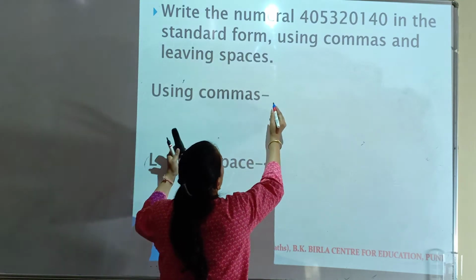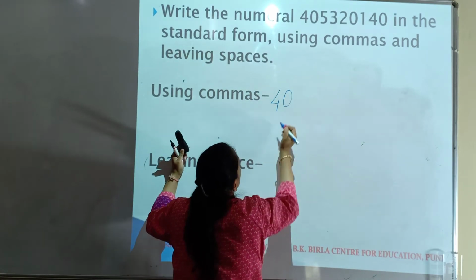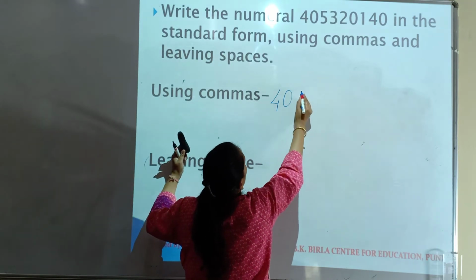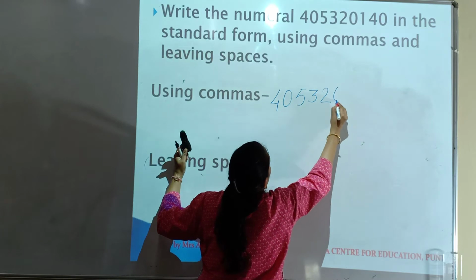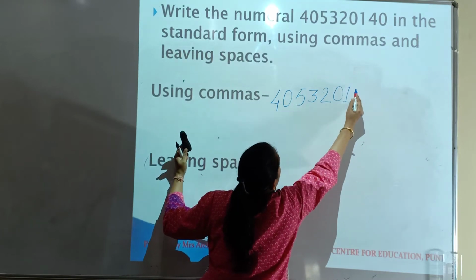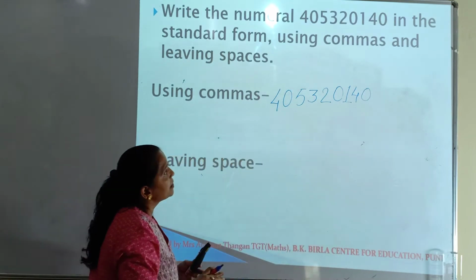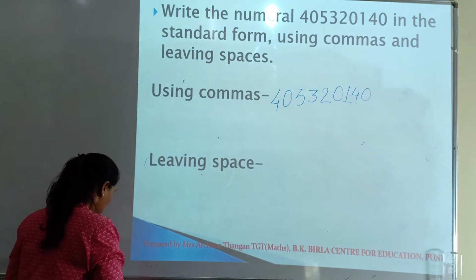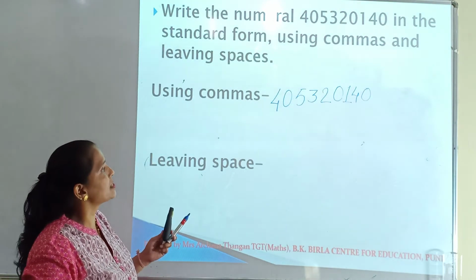The first way is, first I am going to write this number as it is. This is 4, 0, 5, 3, 2, 0, 1, 4, 0. Okay. This is the number, the same number I copied. The next step is we have to put a comma according to the Indian system.